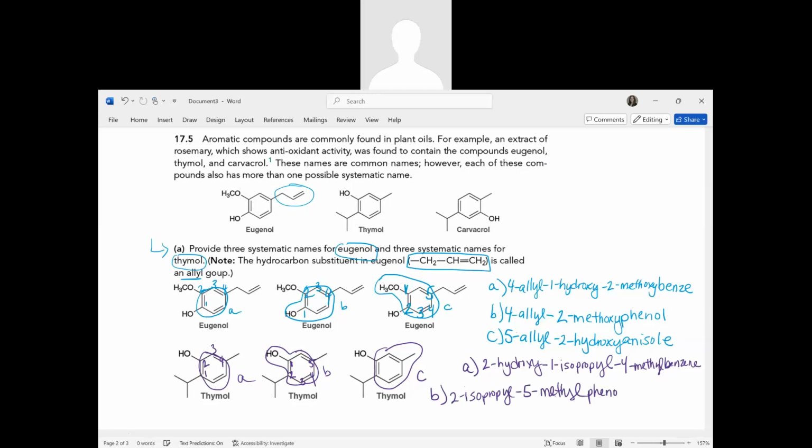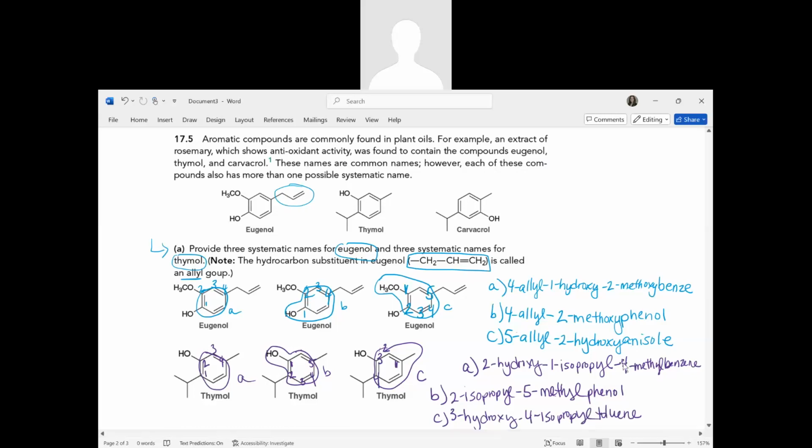And our last structure for part A, we'll name this as a toluene now. And so this would be our carbon 1 and 2, 3, 4. So naming this alphabetically, we would have 3-hydroxy-4-isopropyltoluene.